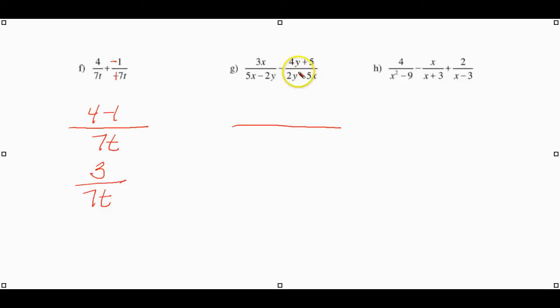Let's just work with this side for a moment. If I wanted this denominator to look like this, here I could take out a -1 and just reverse the signs. So this would be 5x minus 2y.